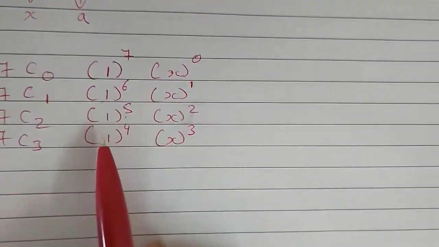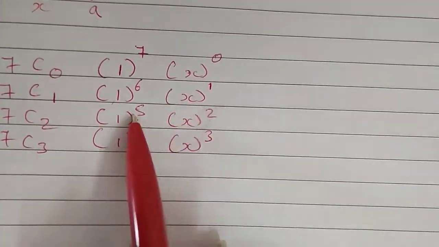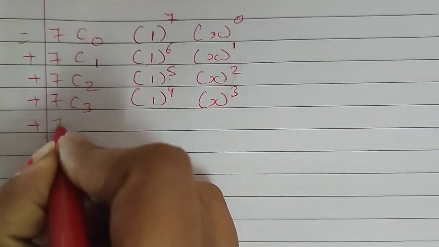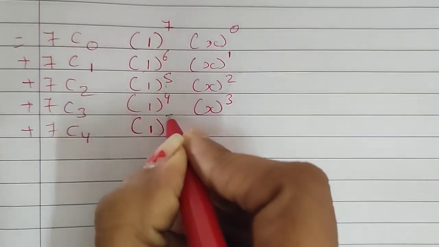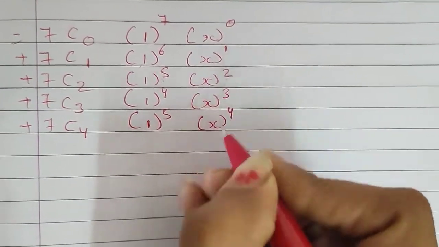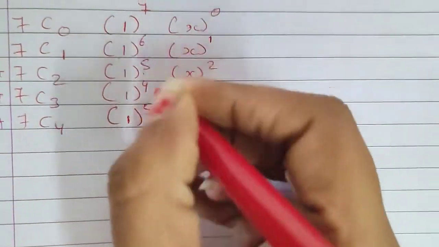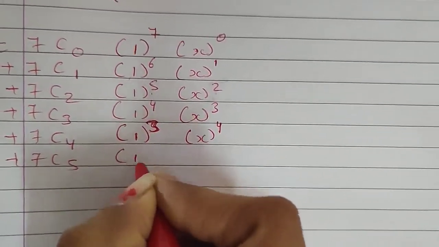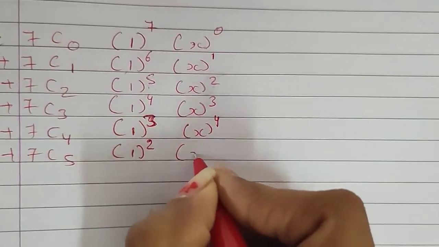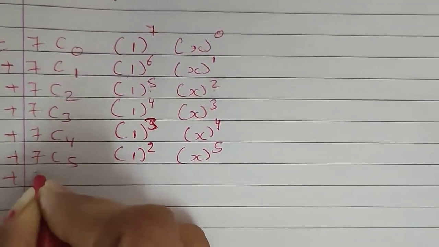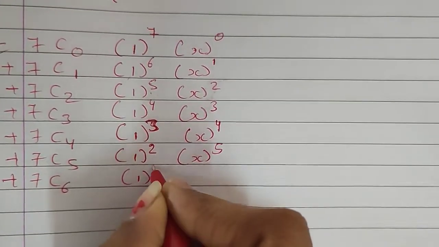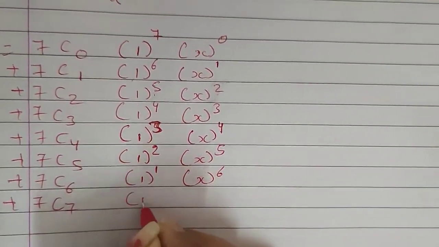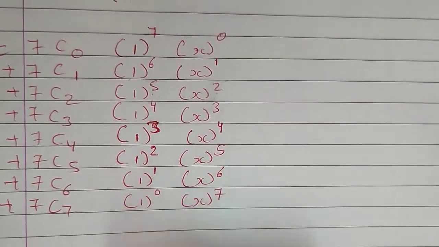And the total of these powers will always be equal to your n, that is 7, in any step. So 7c4, 1 raised to 3, x raised to 4, then plus 7c5, 1 raised to 2 and x raised to 5, plus 7c6, 1 raised to 1 and x raised to 6, plus 7c7, 1 raised to 0 and x raised to 7.